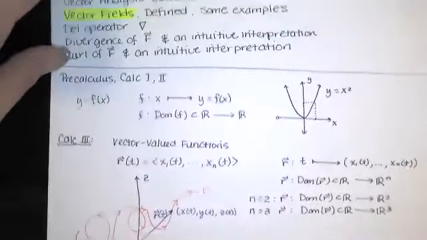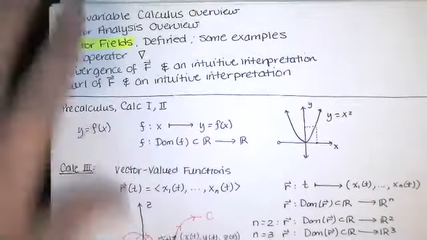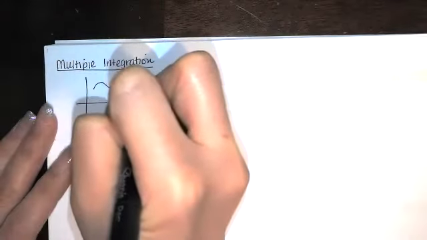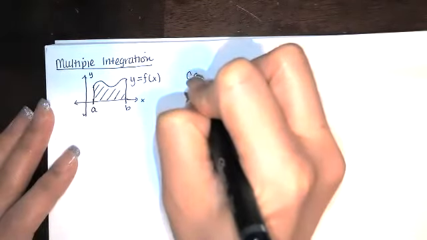And then the next chapter in our multivariable calculus class was all about multiple integration. So rather than finding the area under the curve given by y equals f of x for x between a and b, using an integral that looks like this, this is what we did in Calc 1 and Calc 2.